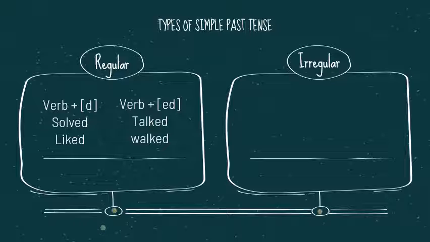And then the irregular ones are the ones with no rules, for example, ate, sat, bought. Right? So these are the types of simple past tense.